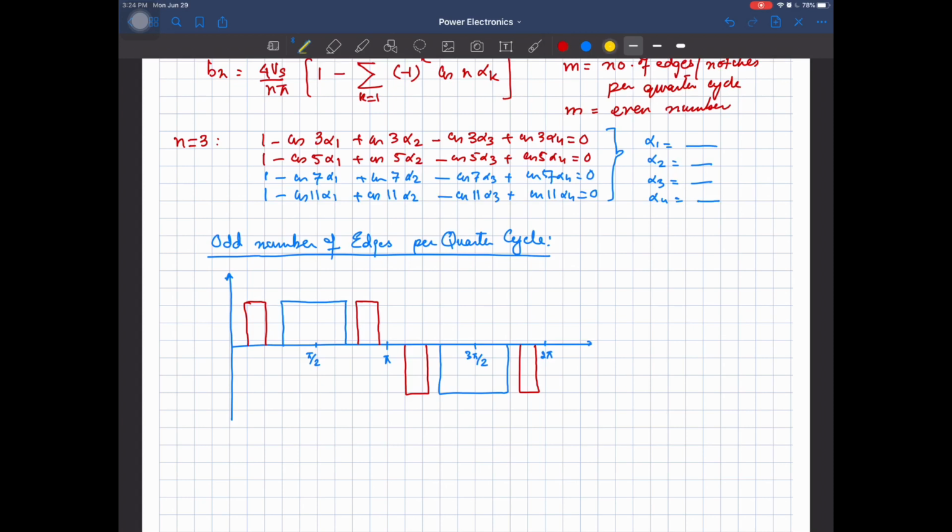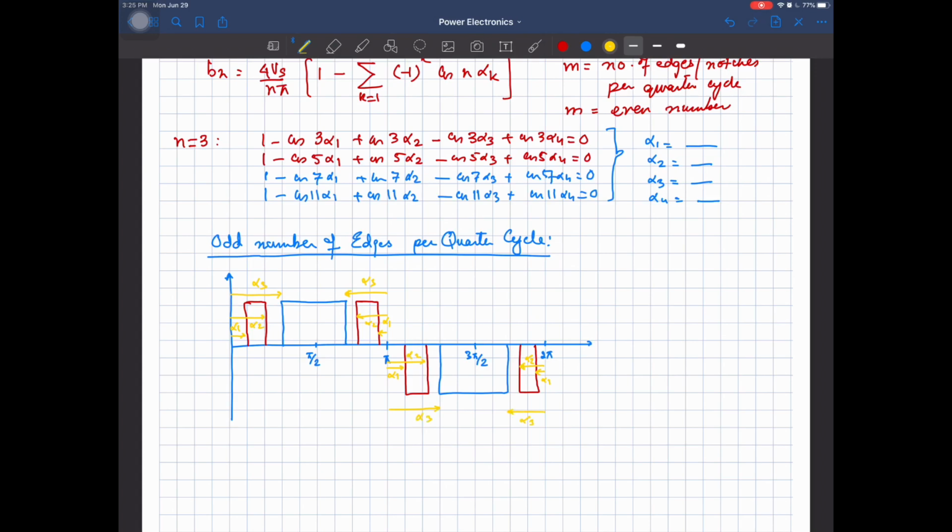Let's suppose this angle is alpha 1, so this angle will also be alpha 1. This angle is alpha 2, this angle will be alpha 2, and this angle is alpha 3, this angle will be alpha 3. Similarly over here, alpha 1, alpha 1, alpha 2, alpha 2, and alpha 3, alpha 3.